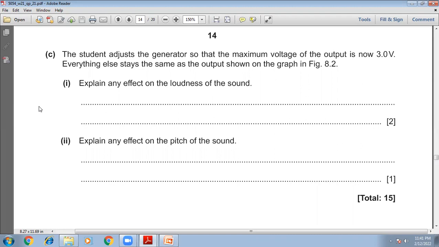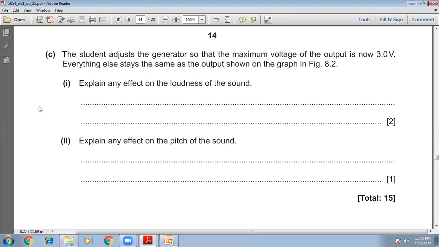So the sound will be less loud, or you can say the sound will be fainter. Why? Because previously the voltage was 3.6 volt, now it's 3 volt, the amplitude of vibration decreases. So when the amplitude of vibration decreases, the loudness will become smaller.